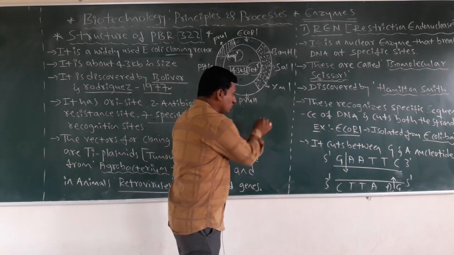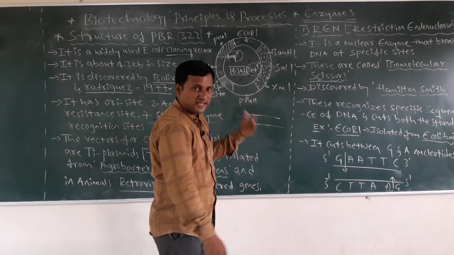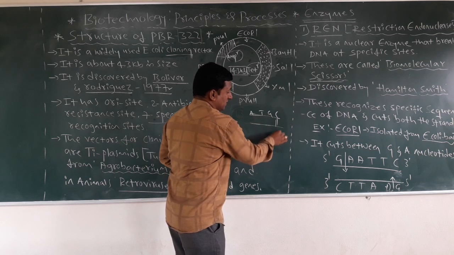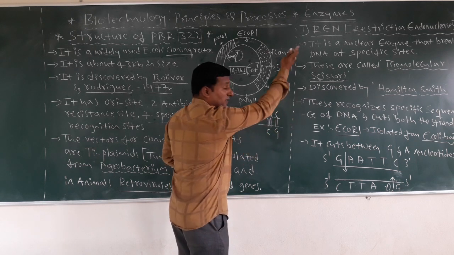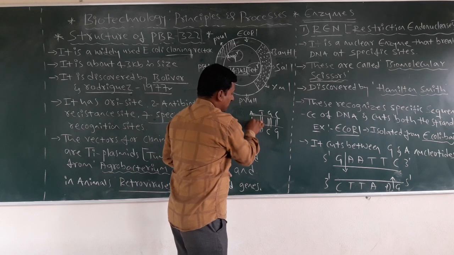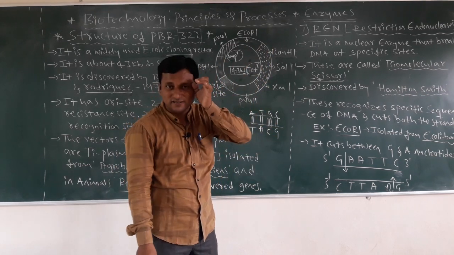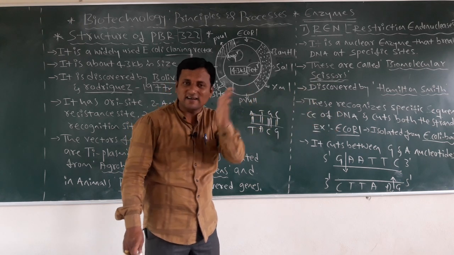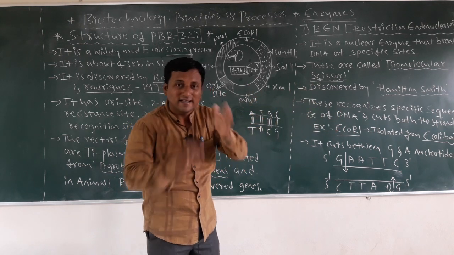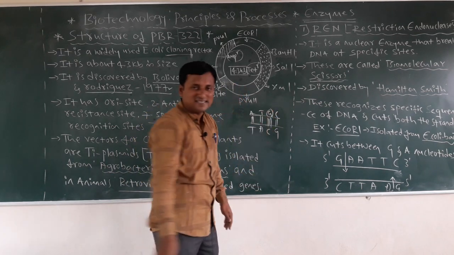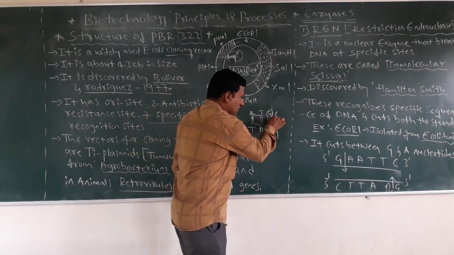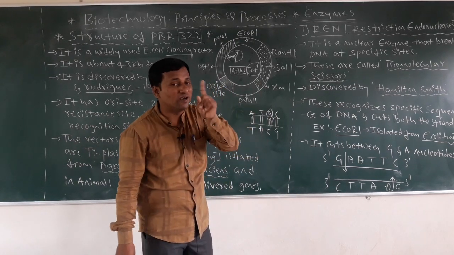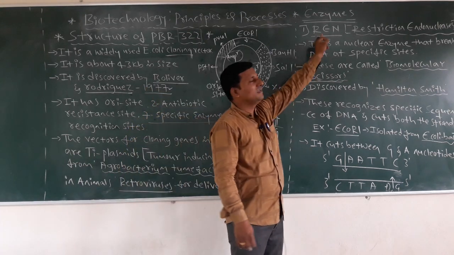If we remove those mutant genes from the DNA, we use this type of enzyme. What are those enzymes? Those are called REN. REN is also useful for that concept. It is not only for cutting in general, it is also used for cutting out the mutant genes. At the molecular level, if you want to cut, you must use REN.